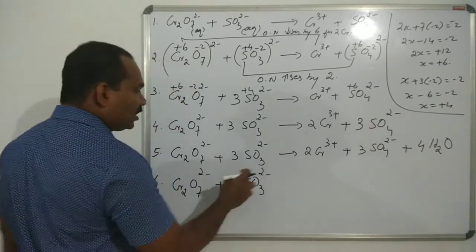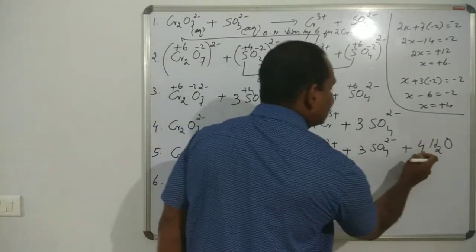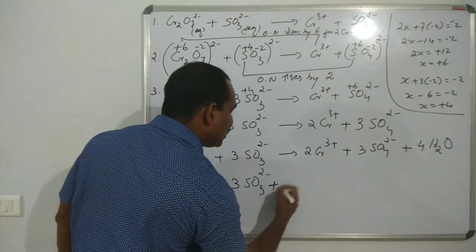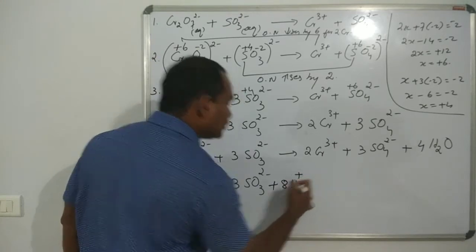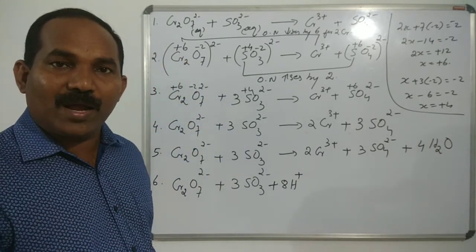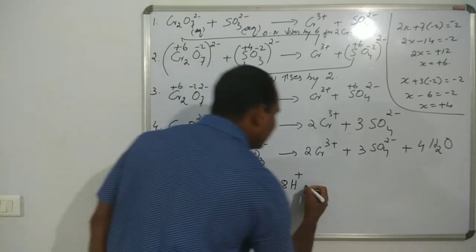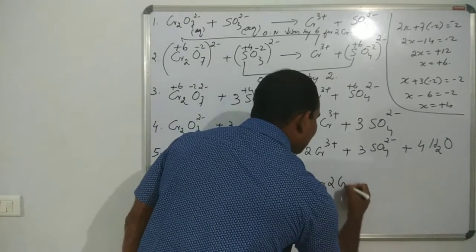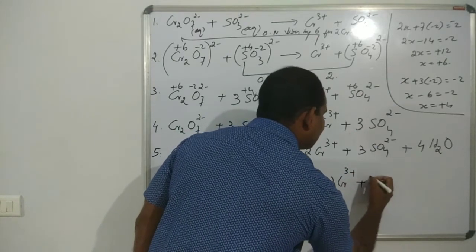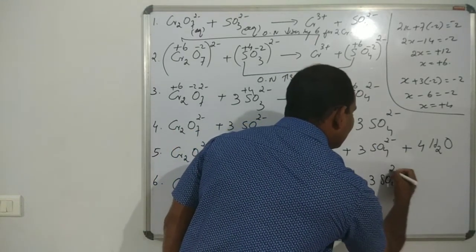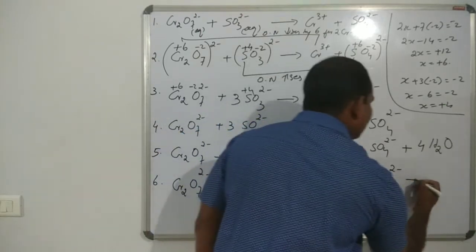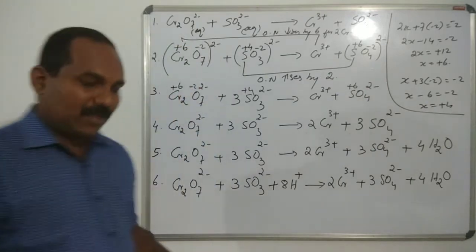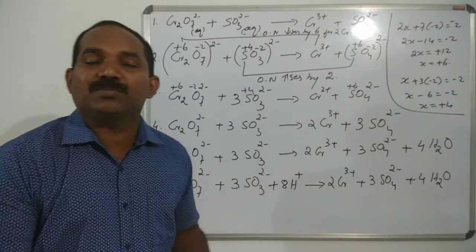Here no hydrogen, in the right side 4 into 2, 8 hydrogen. So you must add 8H+. Acidic medium, you add 8H+. Gives 2Cr3+, 3SO4 2-, plus 4H2O. Now the equation is balanced.